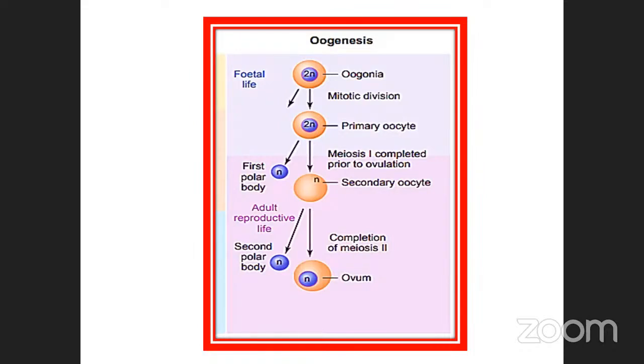It is also diploid in nature. That is called the primary oocyte. The primary oocyte also undergoes meiosis 1 prior to ovulation. During this time, the first polar body is separated, and the secondary oocyte formation also takes place. These two are haploid in nature.